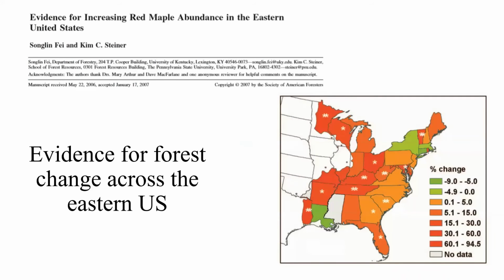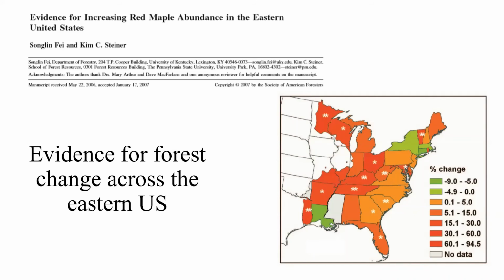So for example, between 1980 and 2005, Fei and Steiner reported increases in the relative importance of a really common mesic, shade-tolerant species, red maple. I think we're all pretty familiar with that. Their results suggest that this increase in red maple abundance is occurring in the majority of states in this region. In particular, it's greatest in the western portion of the eastern US.